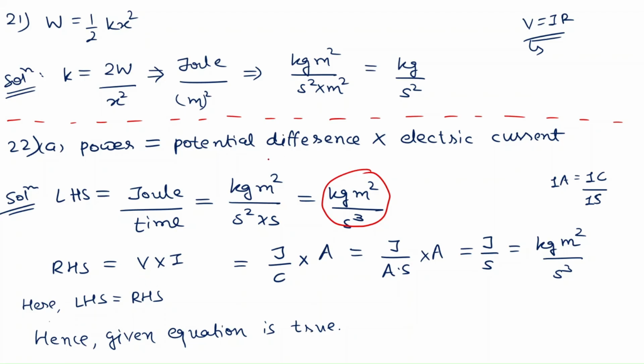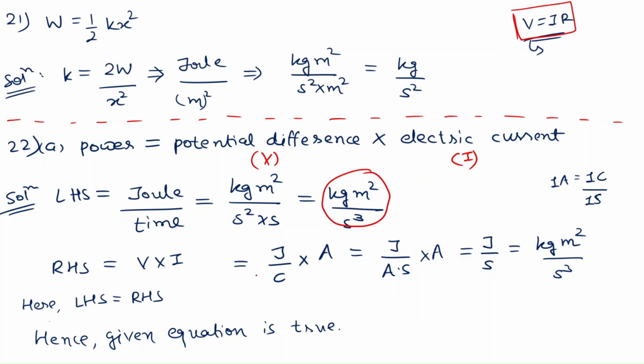Okay. Now the time for RHS. RHS means potential difference, which we denote by V, and electrical current by I. Now, Ohm's formula is given by V equals IR.